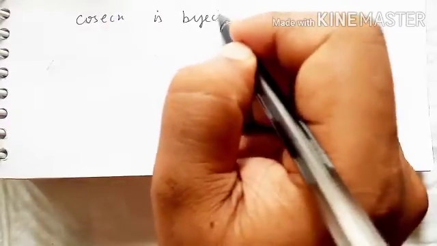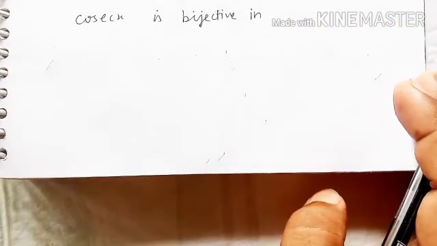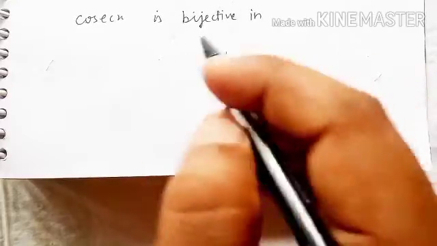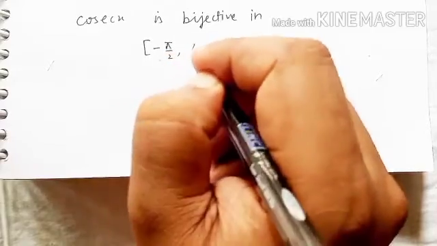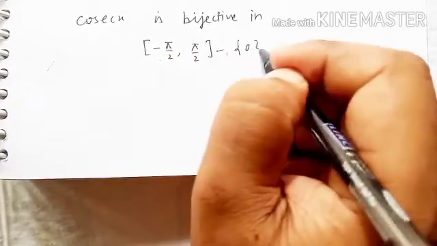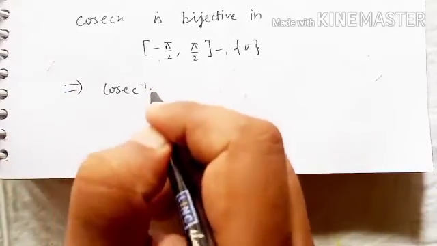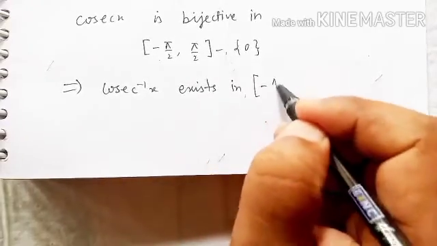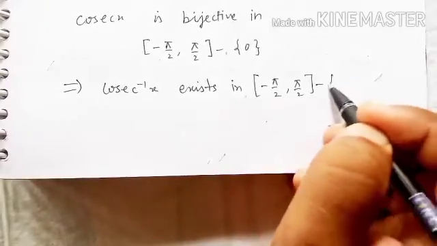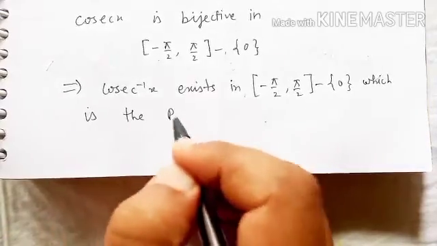Cosec x is bijective in this interval. That's why cosec inverse x exists in this interval, which is the principal value branch.